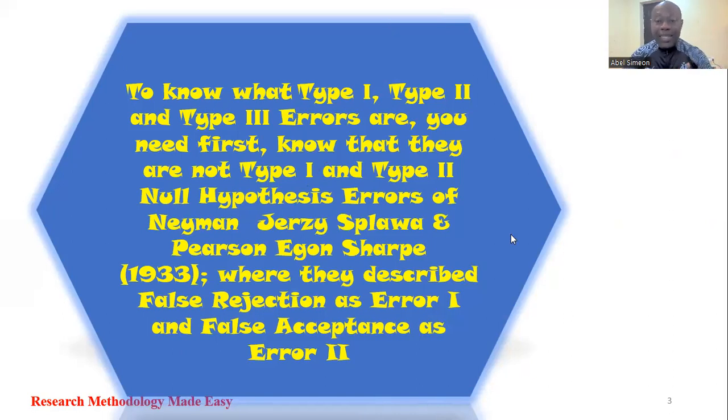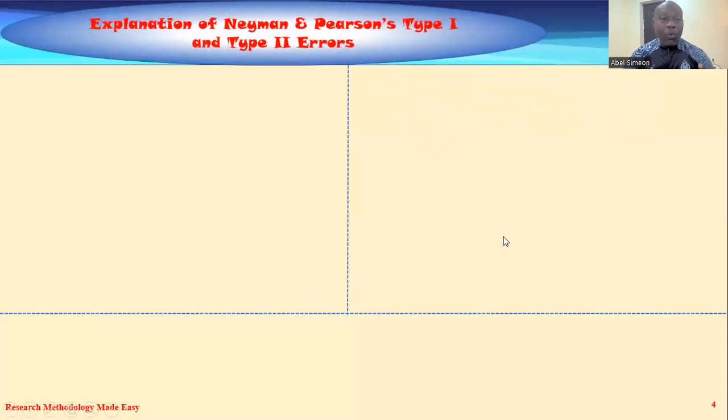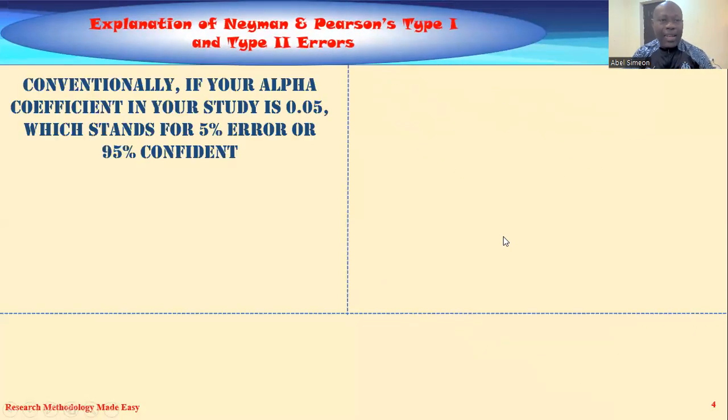In fact, their basis for saying this is that whenever you have 0.05 as your alpha coefficient, that is to say 5% error and 95% confidence in your work, that's what they're saying.